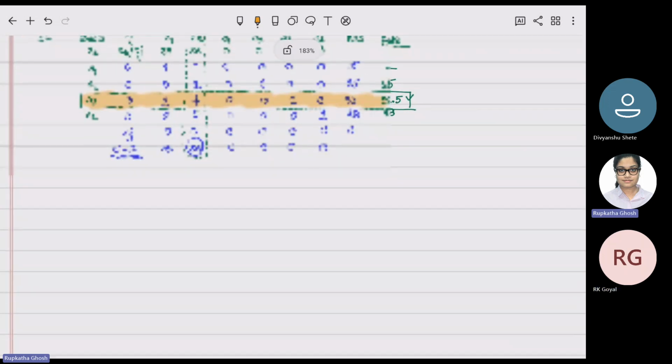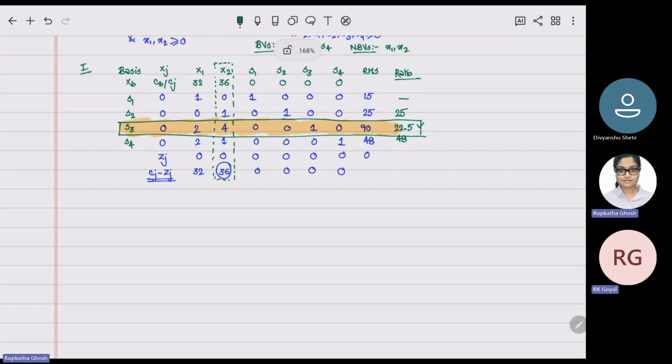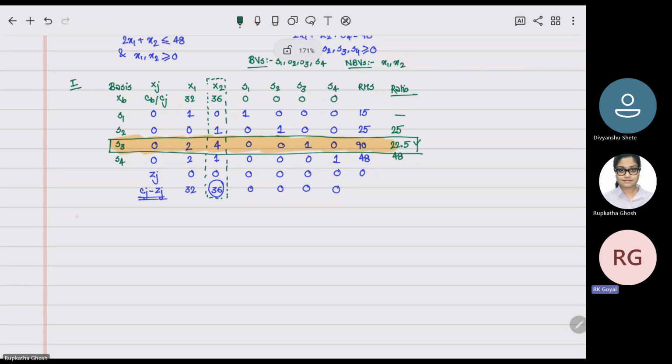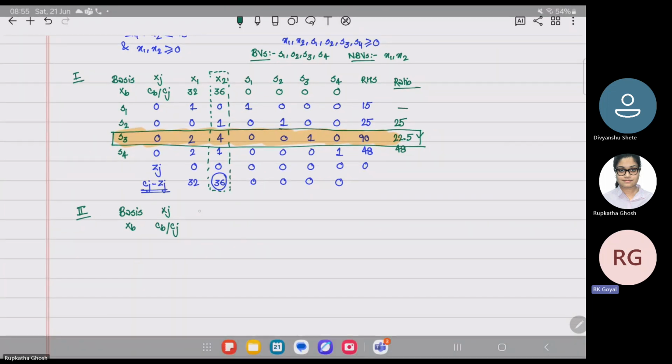Right. But I have queries at this point. First thing is, why did we consider the highest value of Cj minus Zj? What is this Cj minus Zj reflecting here? And while computing which variable is going to be removed from the basis, we took the one whose ratio value is minimum.